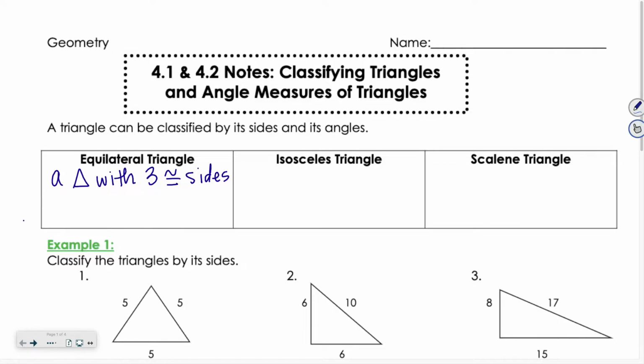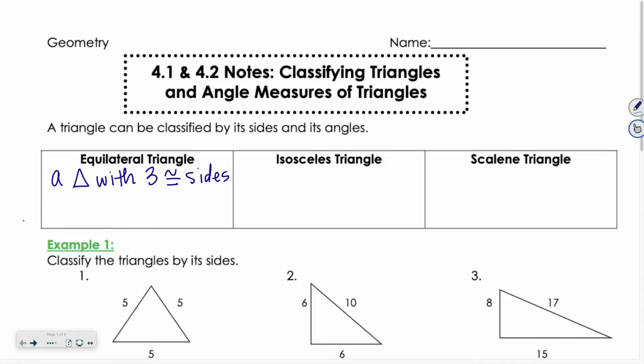Now, at some point in your elementary or junior high career, they spoke about isosceles triangles. What did your teacher in elementary or junior high tell you an isosceles triangle was? Two sides are equal. Okay, so now you've kind of grown up. You're in high school now, basically, and so we need a little bit better, more precise definition.